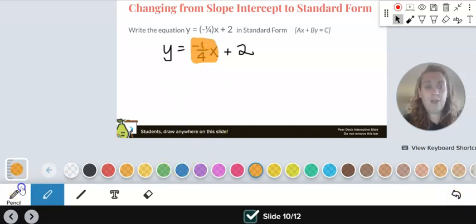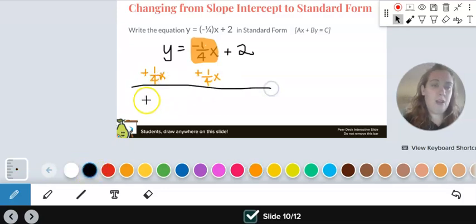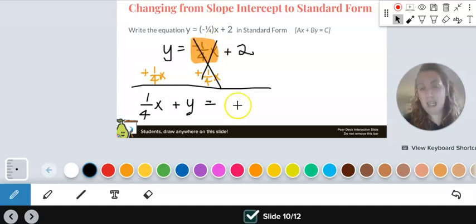It is negative, so because it's negative, we're going to add 1/4 x to both sides. And we have 1/4 x plus y. -1/4 x plus 1/4 x cancels, and we're just left with 2.